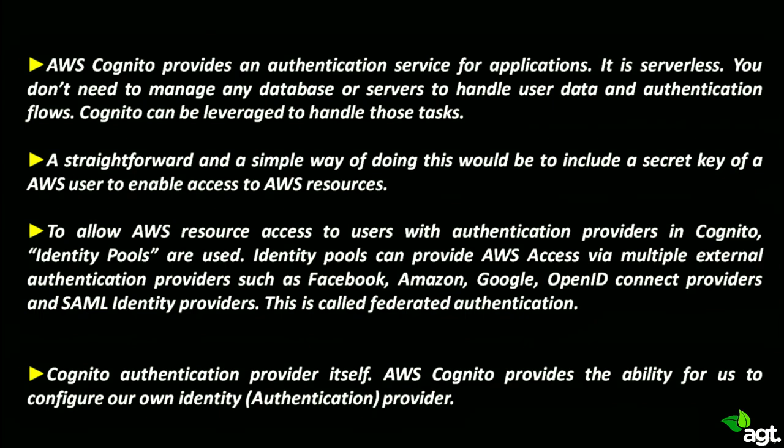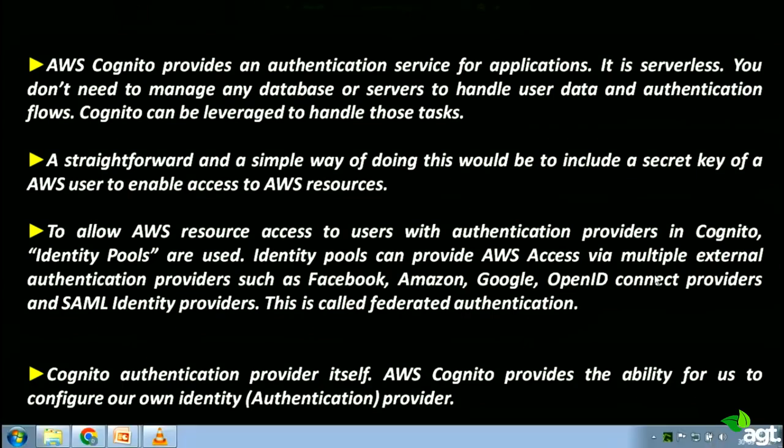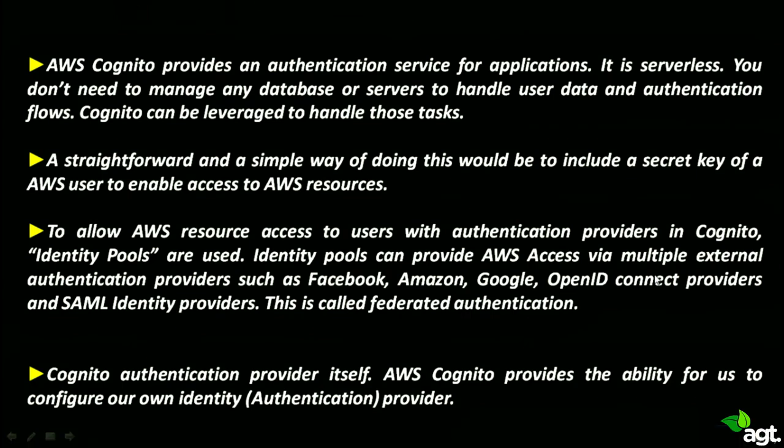To allow access to AWS resources for users with authentication providers in Cognito, identity pools are used. Identity pools can provide AWS access via multiple external authentication providers such as Facebook, Amazon, Google, or OpenID Connect providers and SAML identity providers. This is called federated authentication.